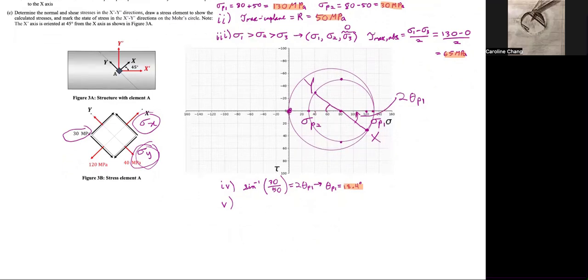Okay, perfect. So we have our x-axis, and rotating it by 18 degrees would give us the stress element somewhere over here, which is going to look something like this.